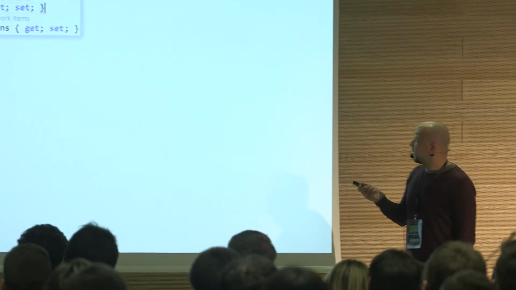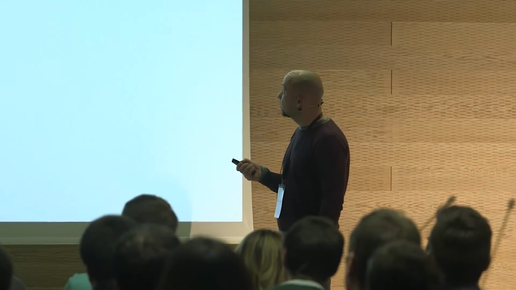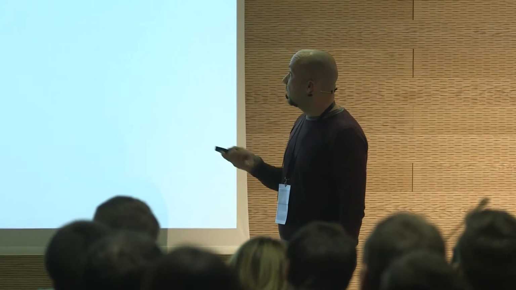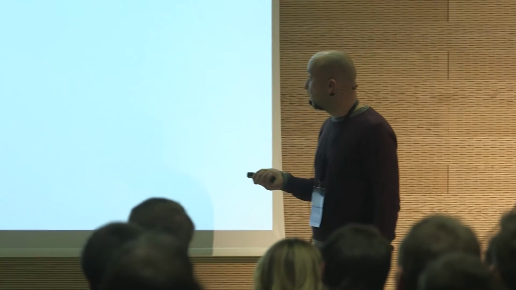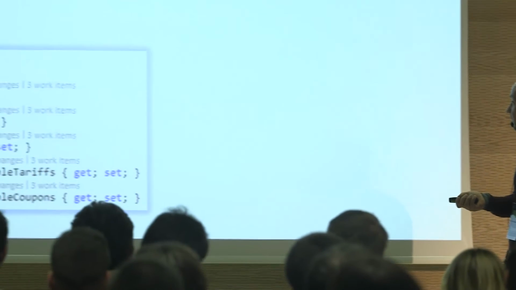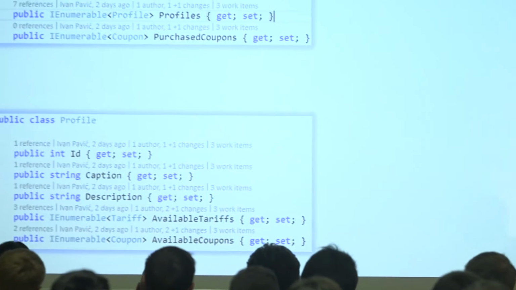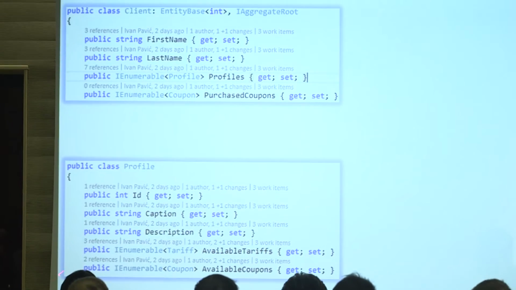We have the client class, as I said earlier, which has profiles. Profile class looks something like this. Of course, this profile class has available tariffs and available coupons. These are the coupons that we have to offer to the client.